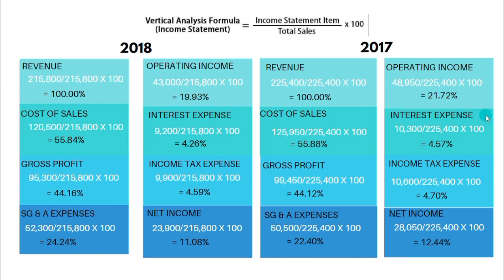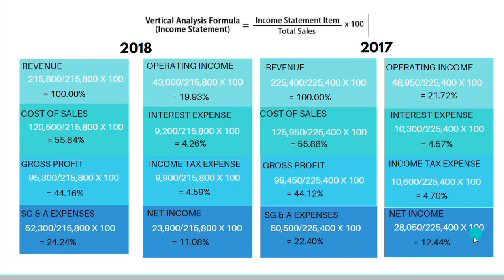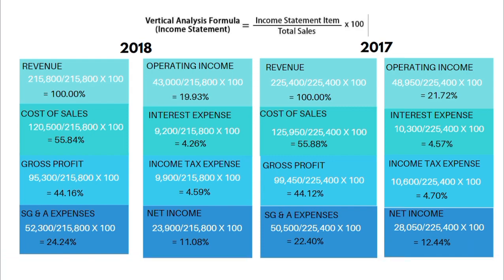Sa interest expense, meron tayong 10,300 divided by 225,400 times 100 is equals to 4.57%. So, income tax expense, meron tayong 10,600 divided by 225,400 times 100 is equals to 4.70%. Sa net income naman, meron tayong 28,050 noong 2017 divided by the total revenue, which is 225,400 times 100 is equals to 12.44%. So that's how we get the vertical analysis percentage.